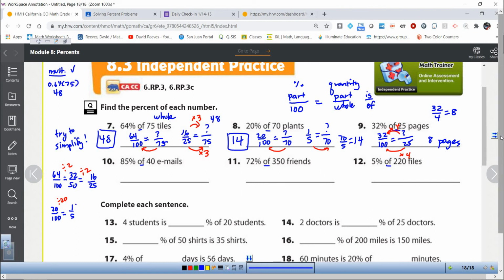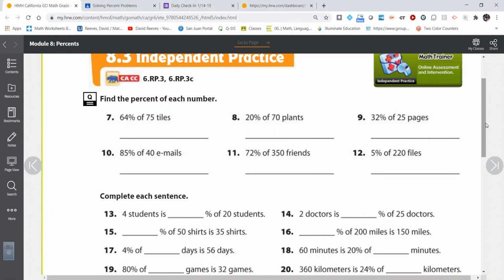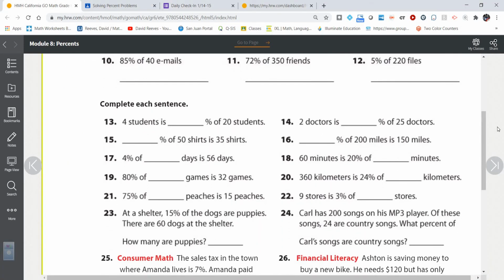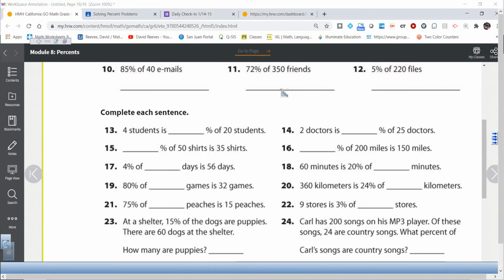Okay? All right, what about some of these other ones? The reason I don't like focusing on the multiplication method is because it only works for that particular situation, and then you get to these ones and you have to do something different. But if you do it my way, it's just more of the same, right? We have our percent ratio, which is going to be the part over 100, and we have our quantity ratio, which is going to be the part over the whole.